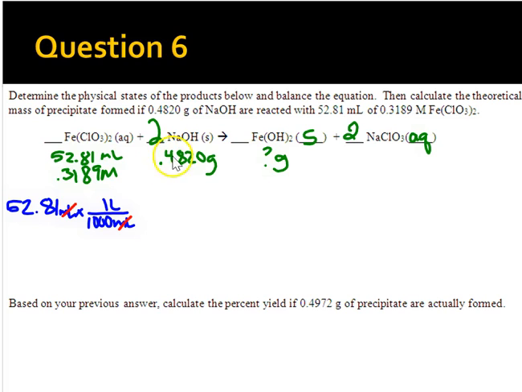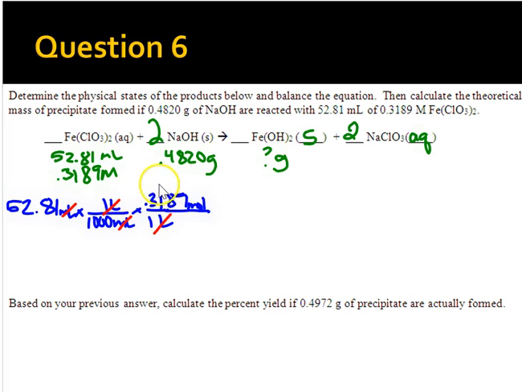Now that I'm in liters, I can use the molarity. For every 1 liter of solution, it's going to contain 0.3189 moles of the iron 2 chlorate. My liters cancel out, and now I'm in moles.